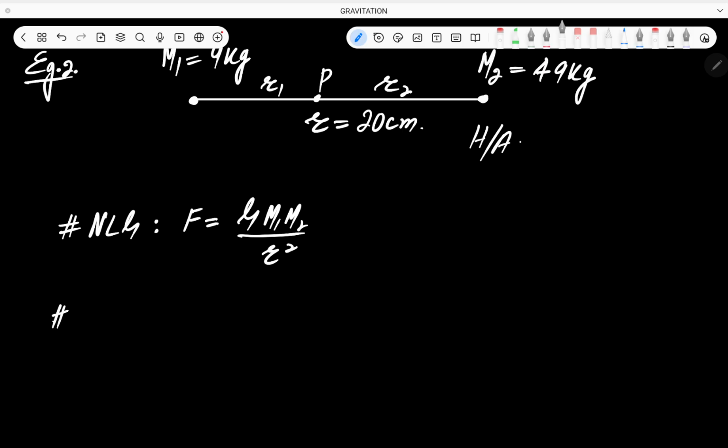Then we have done the superposition principle. The superposition principle implies that the net force is equal to F1 plus F2 plus so on and so forth, the vector sum of the forces. I'm sure that these topics are crystal clear to you.